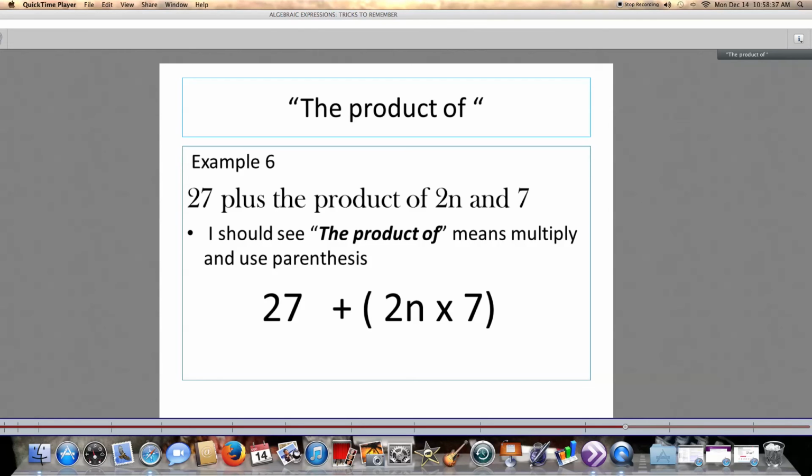So if I said 27 plus the product of 2n and 7, I would write it just like the sentence says, 27 plus the product of, that means I draw my first set right there. Write the next part, 2n and 7, as a product, which means times, and then I close my parentheses.